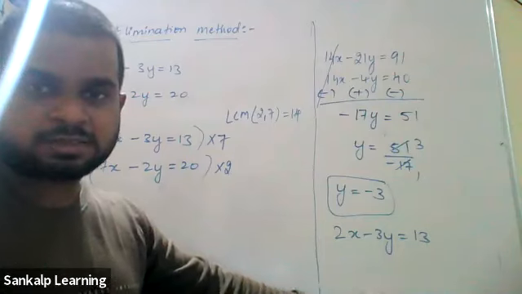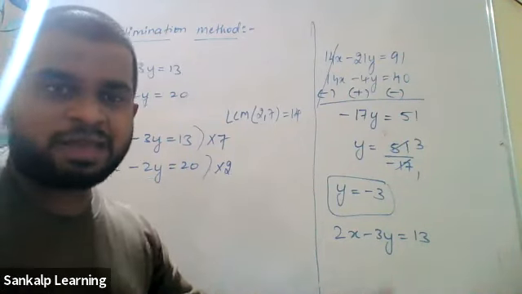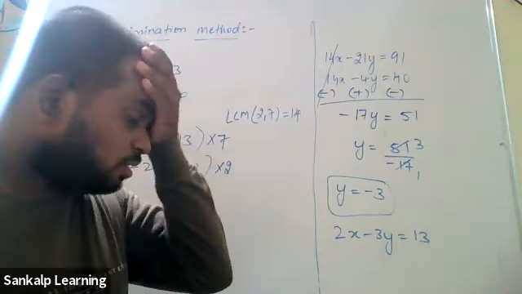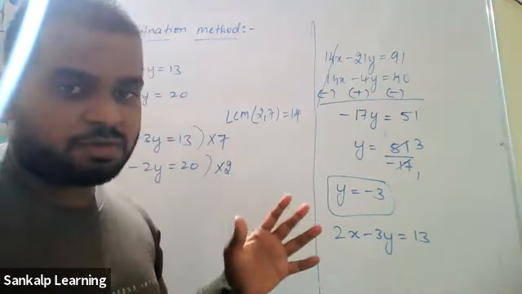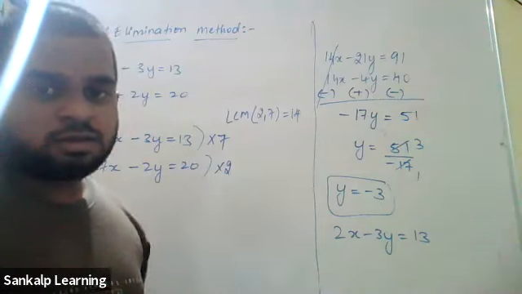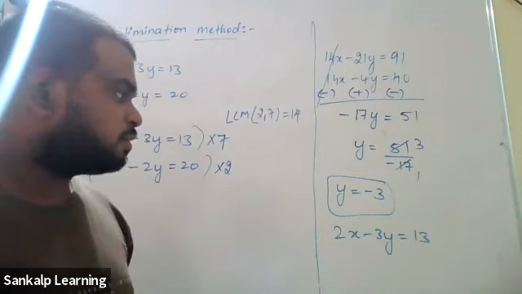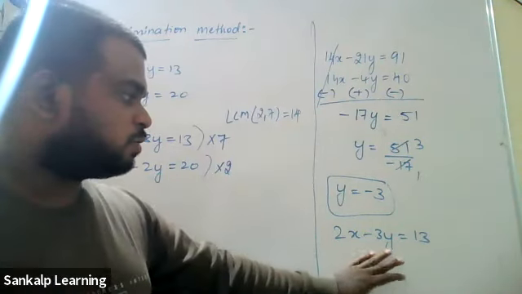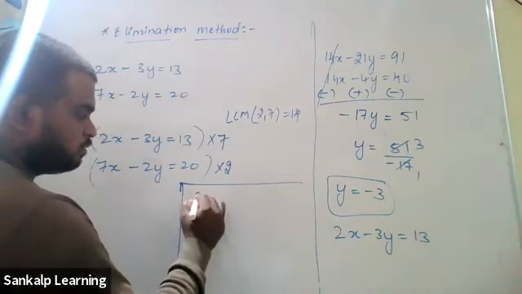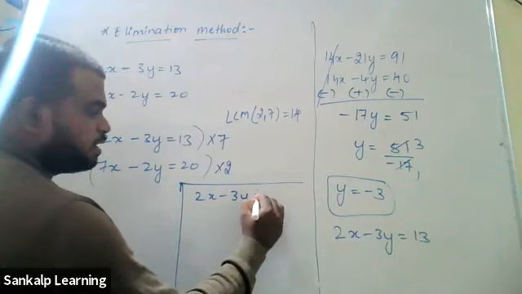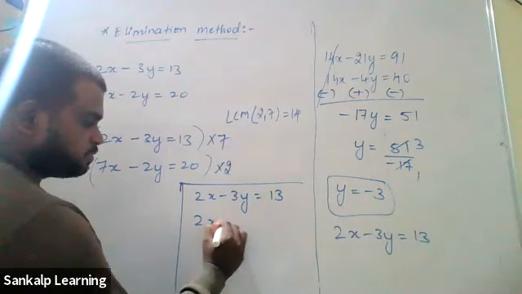Okay, good, good. So I hope everyone has got the value of x as 2. Be careful. Whenever there is a negative sign, be very cautious, okay? That is where we make mistakes. So in place of y, I'll just do it. 2x minus 3y equal to 13. 2x minus 3.